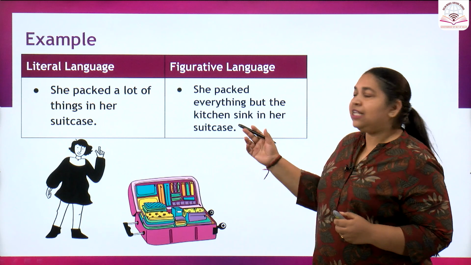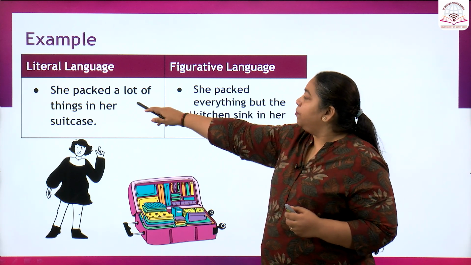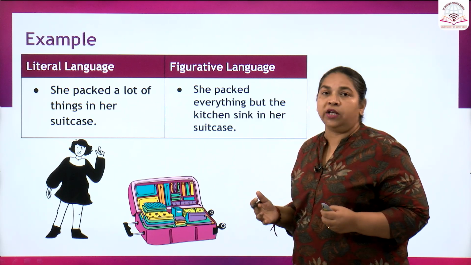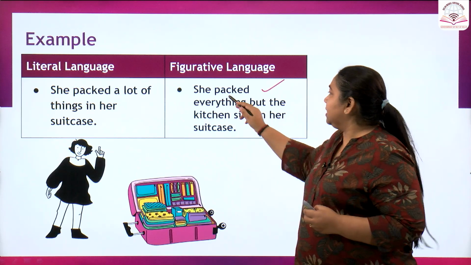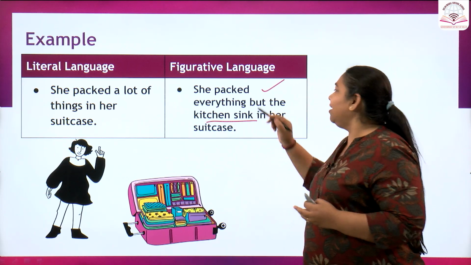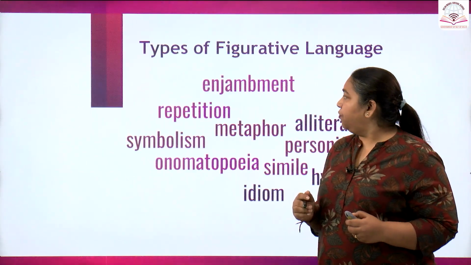Now, let's have one example. Here, one example says, she packed a lot of things in her suitcase. But in figurative language, we can say she packed everything but the kitchen sink in her suitcase. Now this is the difference.